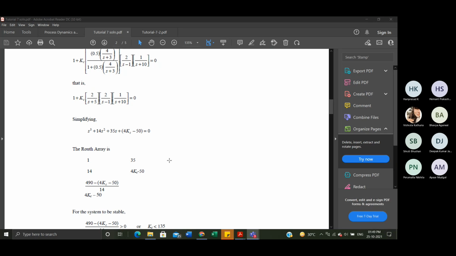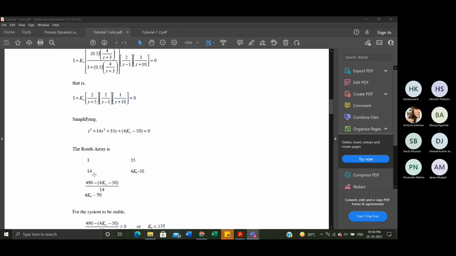Yeah, so we got this equation, which is the characteristic equation for this system. Now, to calculate the Routh array, the first two rows are the coefficients: the first and third, and second and fourth. As you can see, 1, 35, 14, and 4Kc minus 50. Now, the next term is B1.